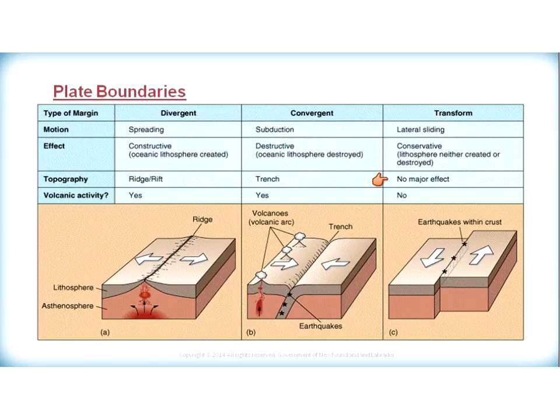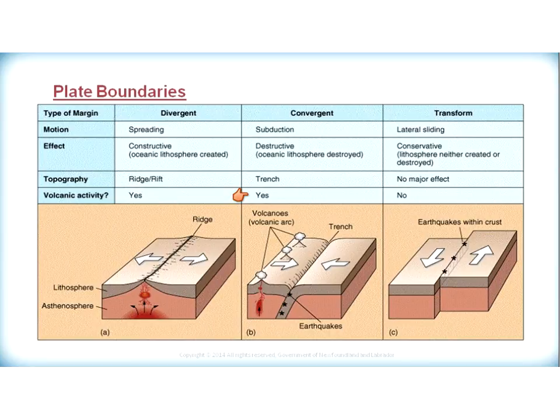At this point, we should note that at divergent boundaries, we do see volcanic activity, but we lack earthquake activity. At convergent boundaries, we do see volcanic activity, and we also see earthquake activity.